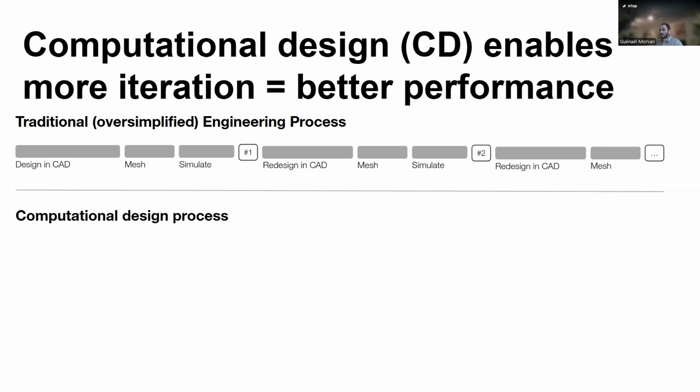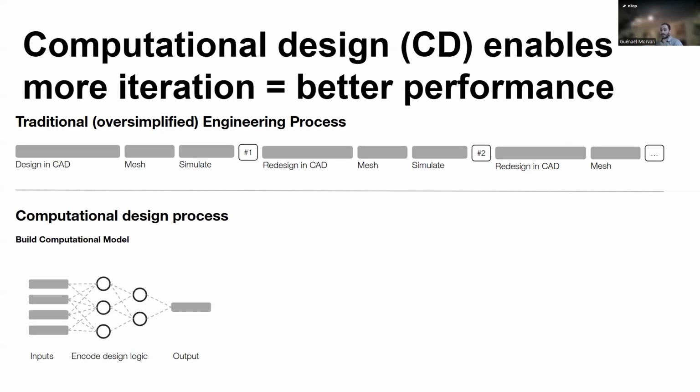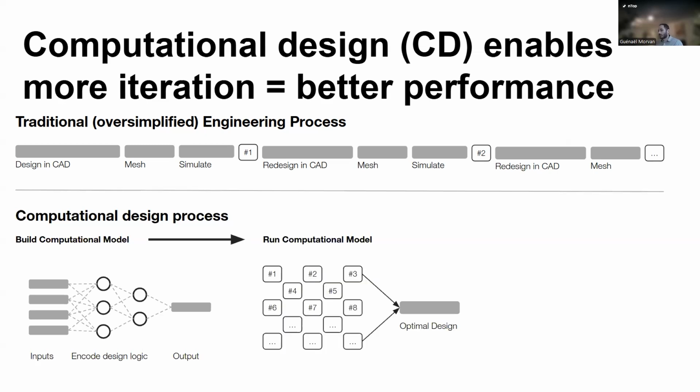So the computational design process enables you, at least in nTop, to build a computational model. That means we have a set of input parameters, and we encode the design logic to get an output, or multiple outputs. After that, we run the computational model. That means it runs automatically to get a lot of different iterations on the design and to enable you to find the right design, the optimal design for your application.